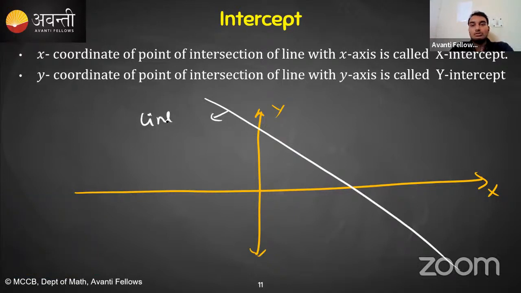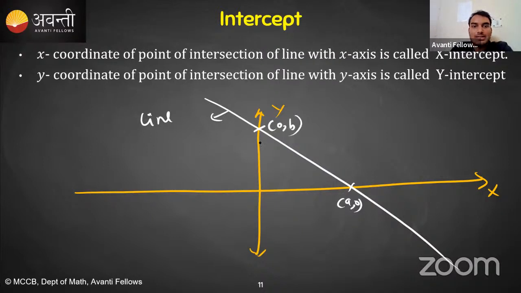What is the intersection of this line with your x axis? Let's say you get the coordinate a comma 0. And the intersection of this line with the y axis, let's say this coordinate is 0 comma b.